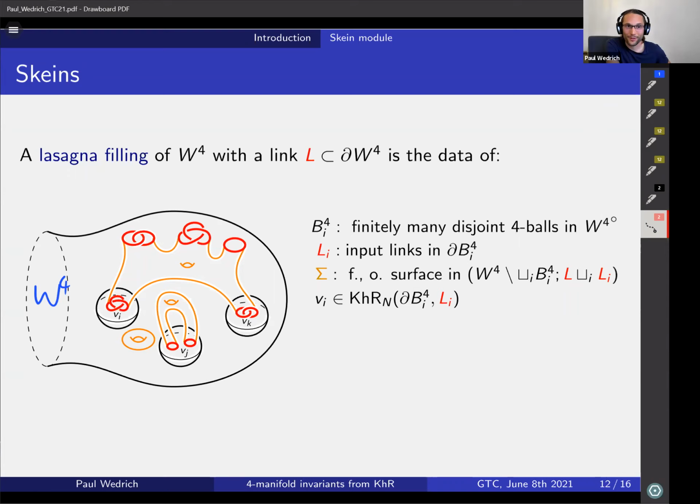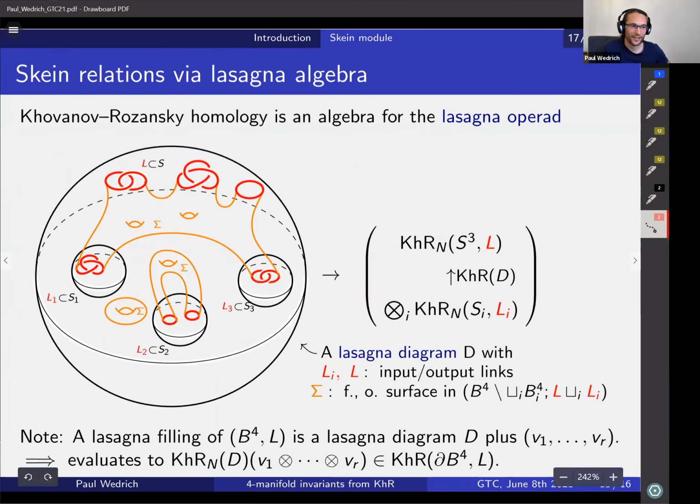Next, I have to describe to you what sort of skein relations we consider. To describe that, I have to use the notion of a lasagna operad. I would like you to focus on the picture on the left for now. This looks a bit like a lasagna filling of a 4-ball.